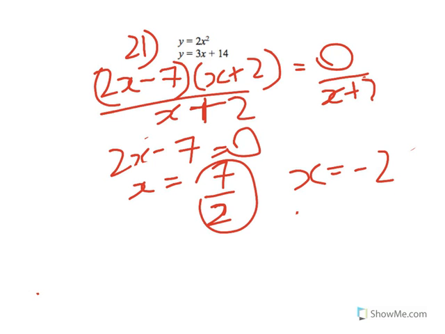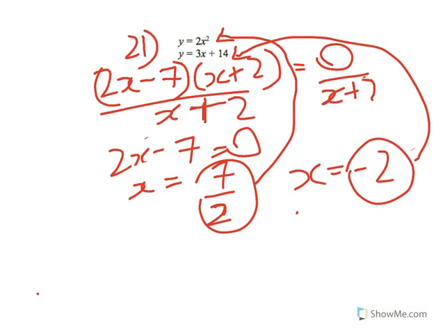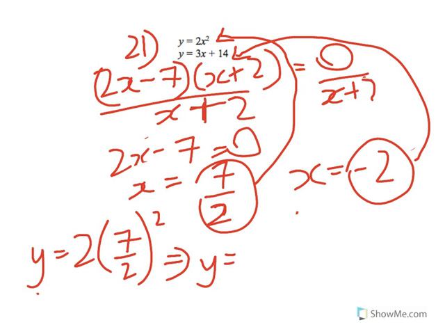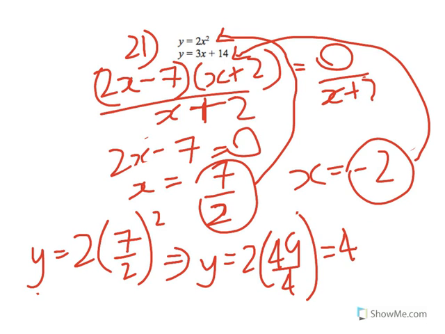So all you got to do is take each of these and substitute back into any of the equations. So I'll substitute this into this equation and the other into the other equation. So y is equal to 2 times 7 over 2 squared. So y is equal to 2 times 49 over 4, which is equal to 49 over 2.